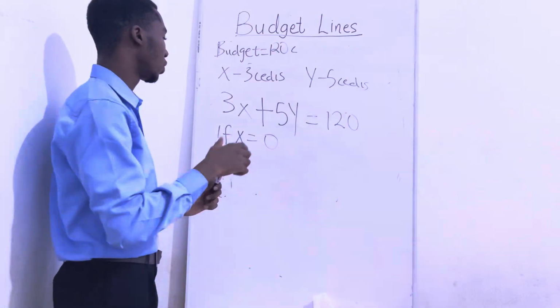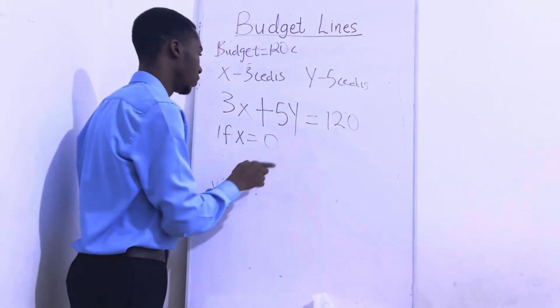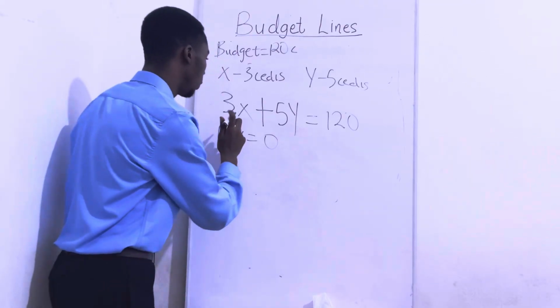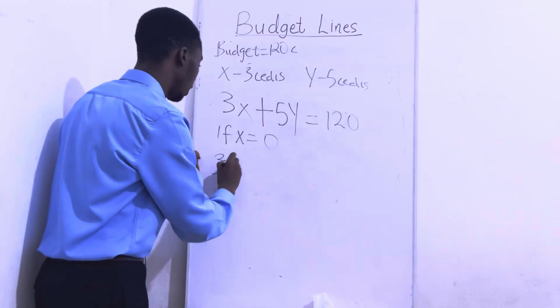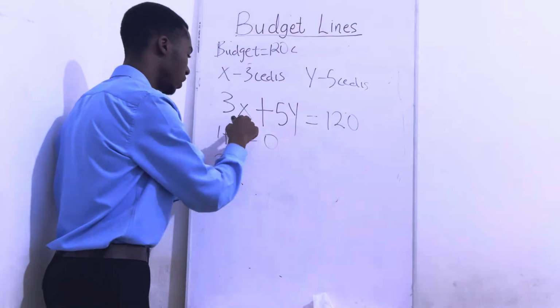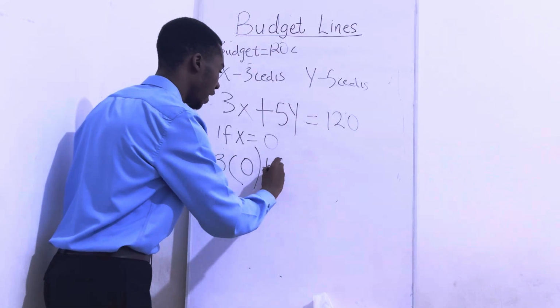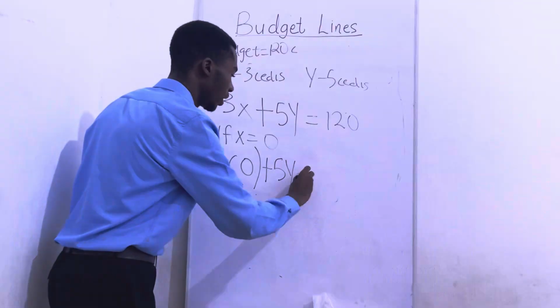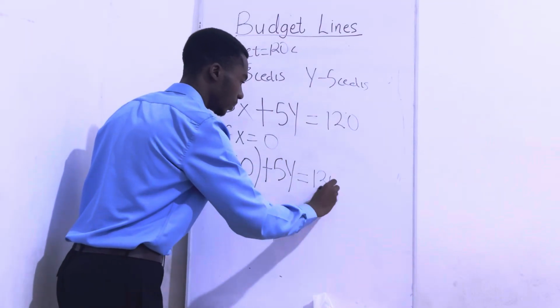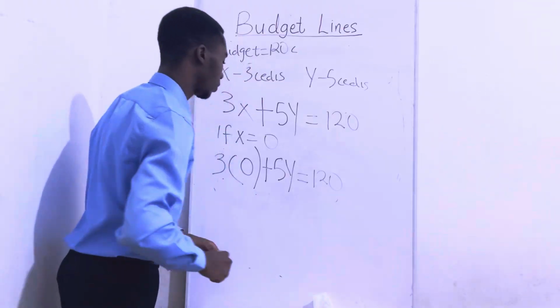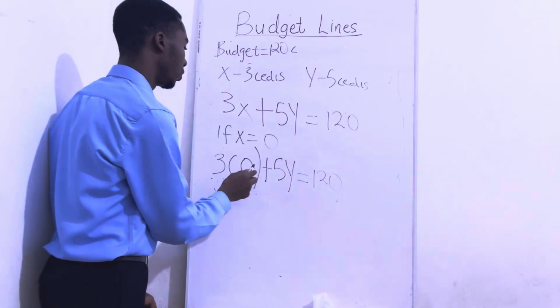So now if X is equal to 0, it means we are going to get a new equation. So we have 3 into brackets, our X is now 0. So 3 into brackets 0 plus 5Y is equal to 120. This is our new equation. So 3 times 0 is 0.